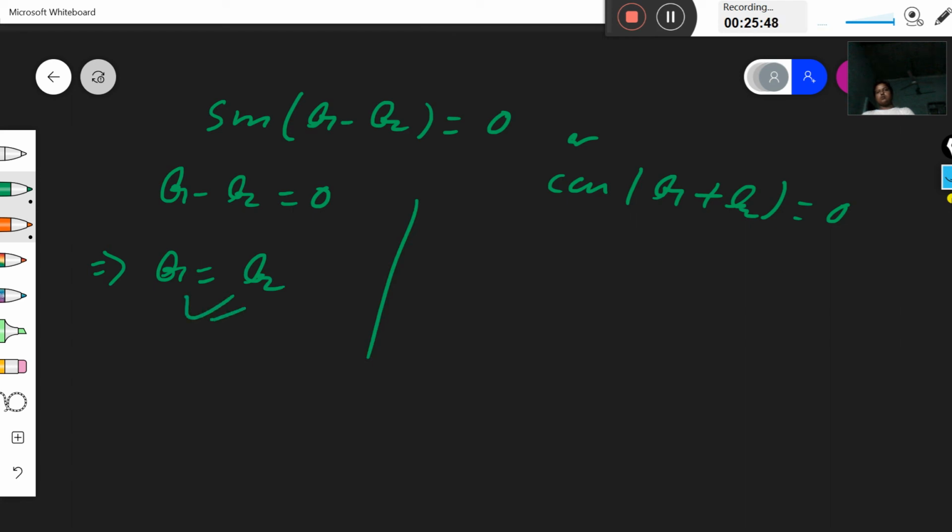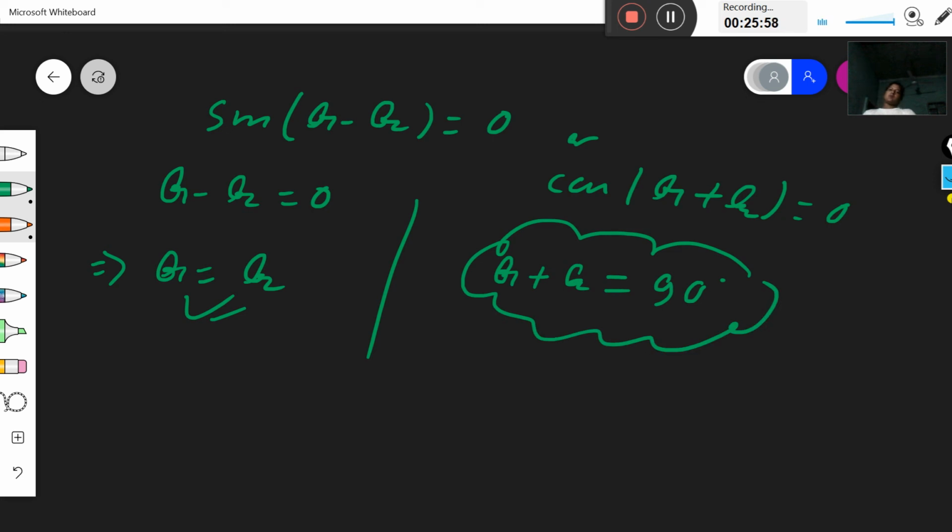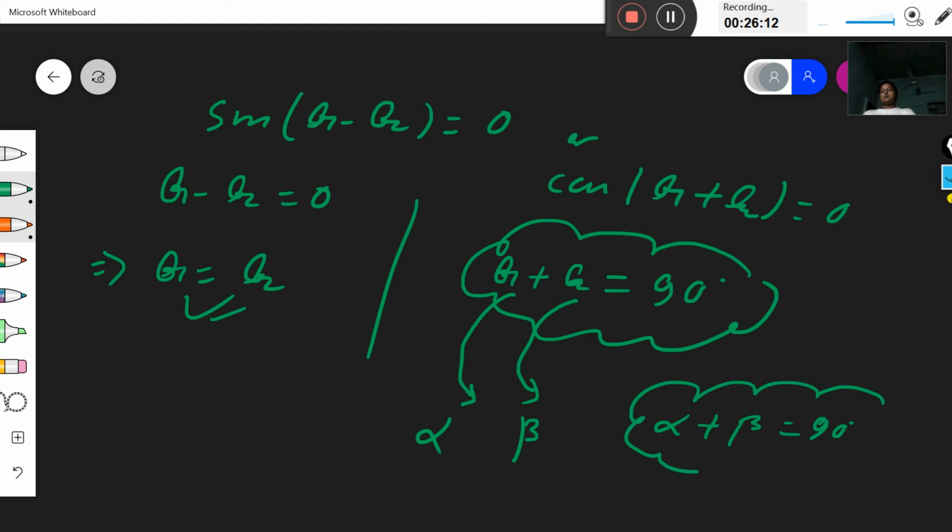This one is a true statement. Cos theta is 0 when theta is 90 degrees. So theta 1 plus theta 2 is 90. So this is the condition. If for the first projectile the angle is alpha and for the second projectile the angle is beta, then alpha plus beta must be 90 degrees. Means angles are complementary.